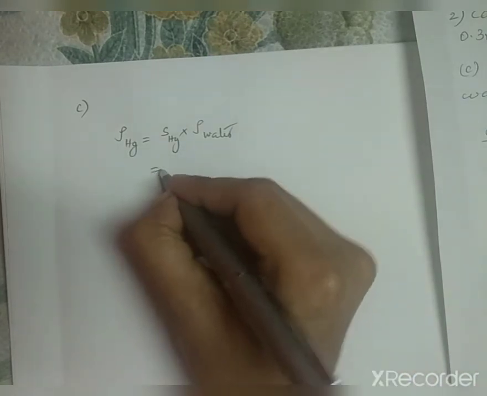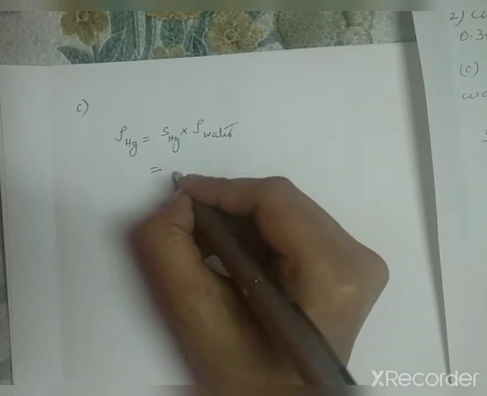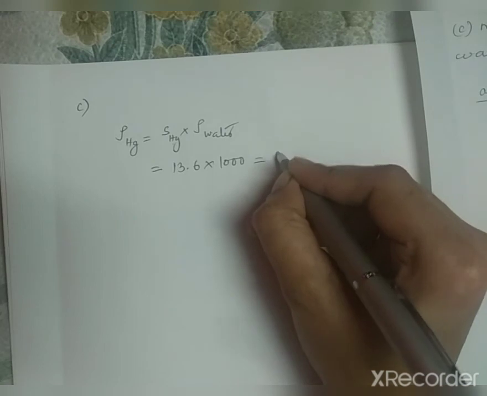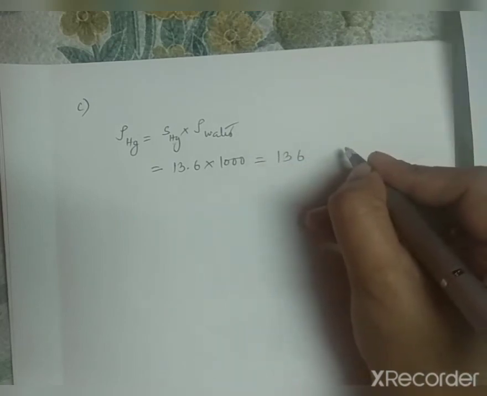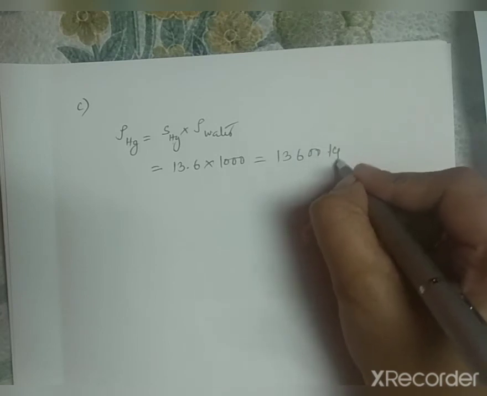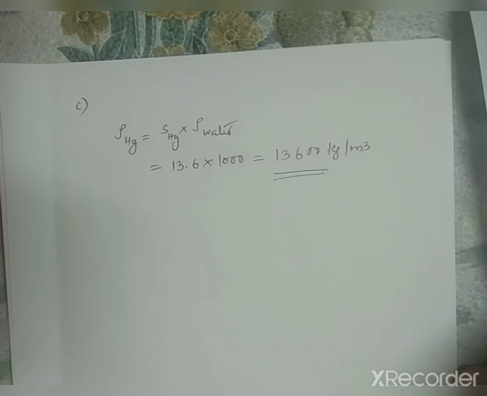So it will be equal to specific gravity of mercury, 13.6, into 1000. So this is 13600 kilogram per meter cube. So this is the density of the mercury.